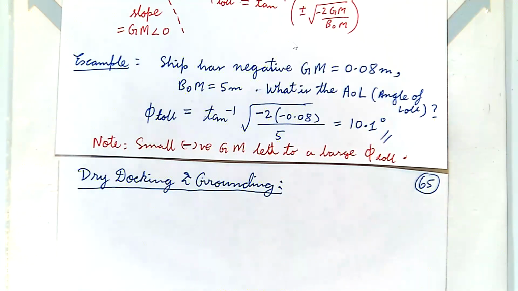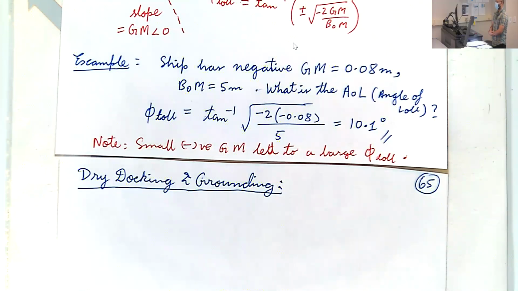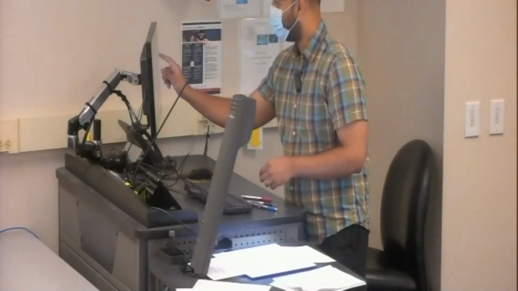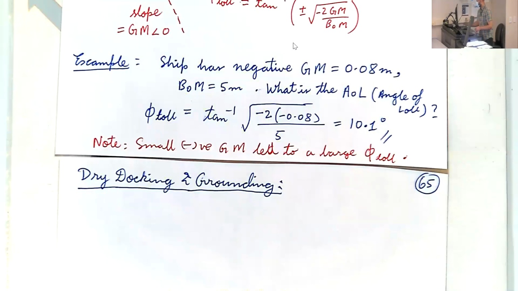You go into an enclosure, sort of like a lock, and they pump the water down, and then the boat is suspended by supports in a dry location, so it's out of the water. If you need to perform maintenance on the hull, repaint it, or de-biofoul it, you need to get it out of the water. So you basically take it into dry dock and pump out all the water.